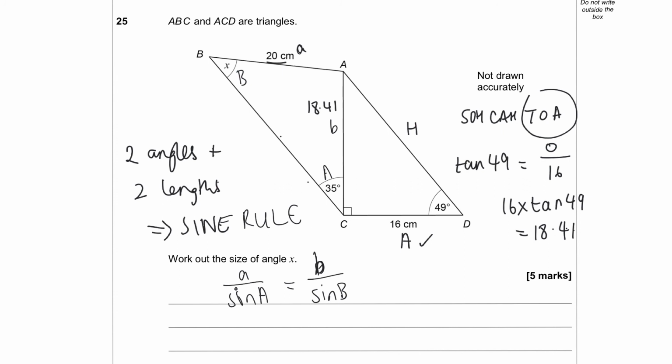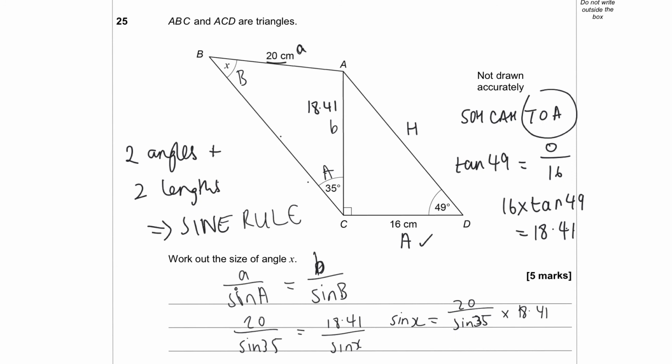So now I'm going to substitute those values now that I've labelled. That's going to be 20 over sine 35 is equal to 18.41 over sine x. So now I'm going to rearrange to make sine x the subject. That's going to give me 20 over sine 35 times 18.41.